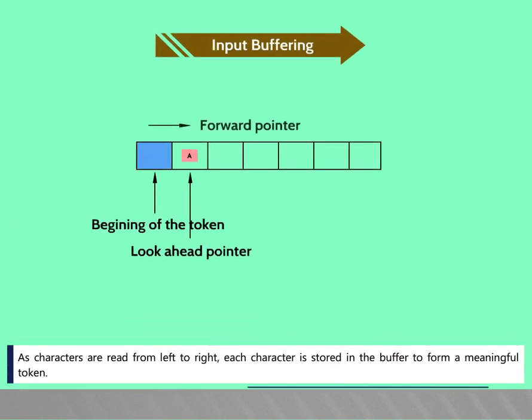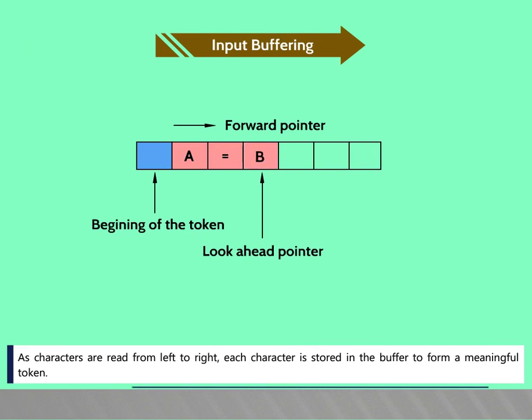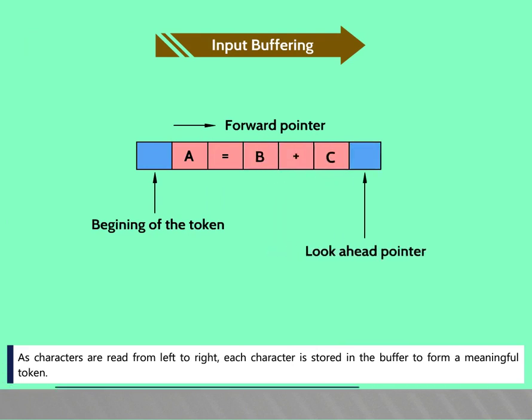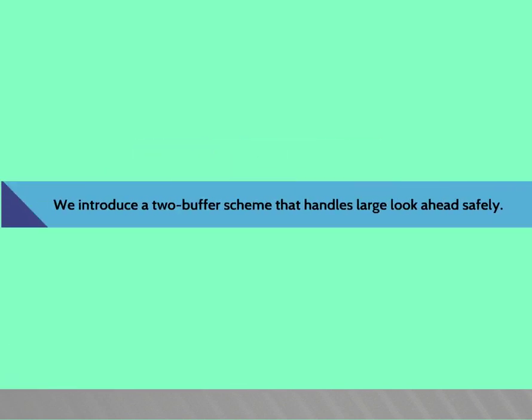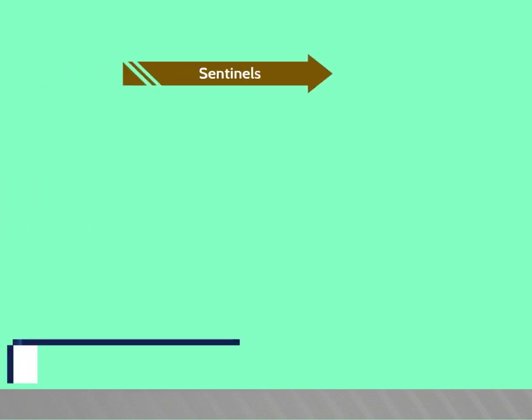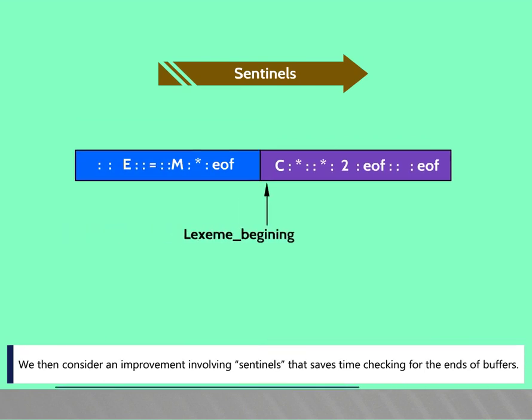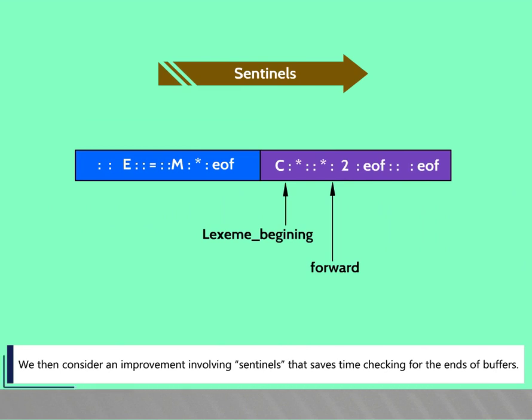As characters are read from left to right, each character is stored in the buffer to form a meaningful token. We introduce a two-buffer scheme that handles large look-ahead safely. We then consider an improvement involving sentinels that saves time checking for the ends of buffers.